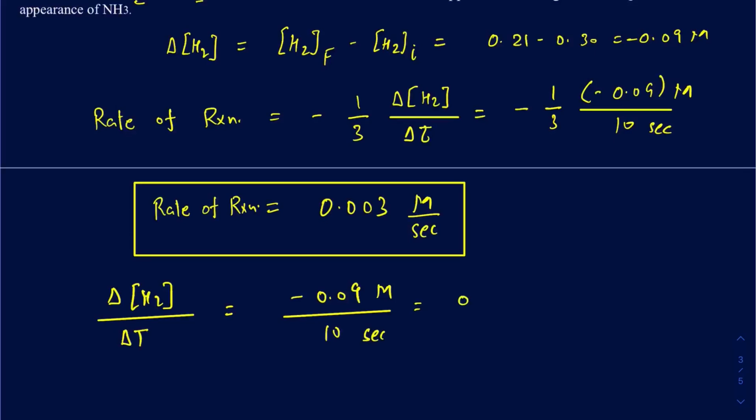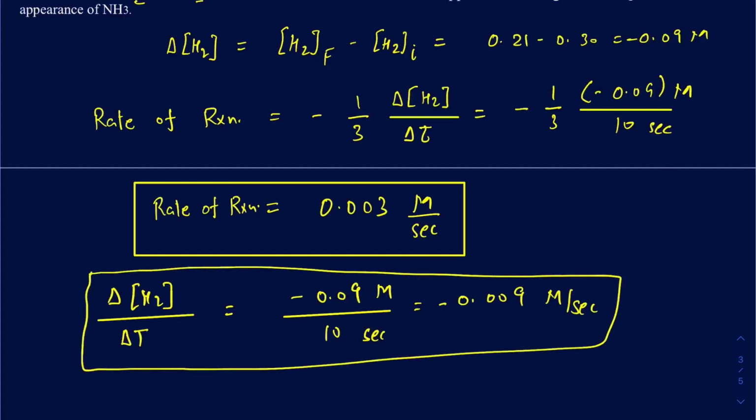So it's going to be negative 0.009 molar over second. That means you're losing 0.009 molar of H2 every second, basically.